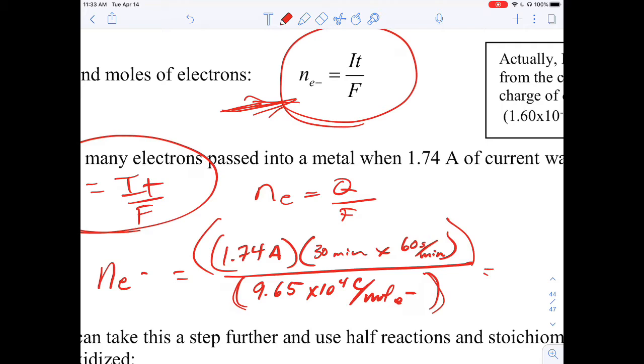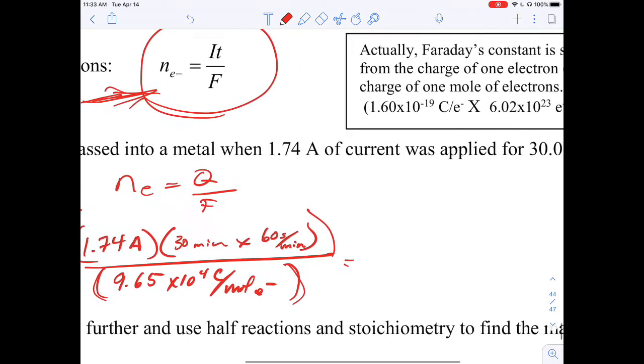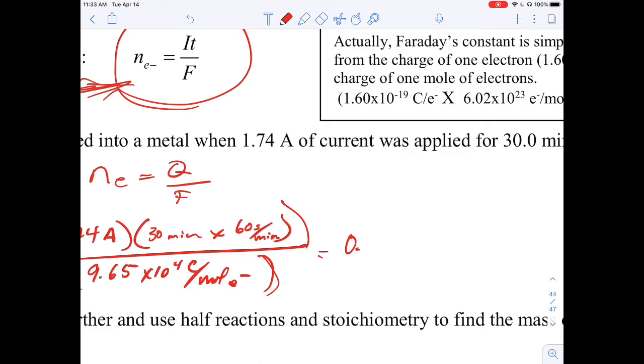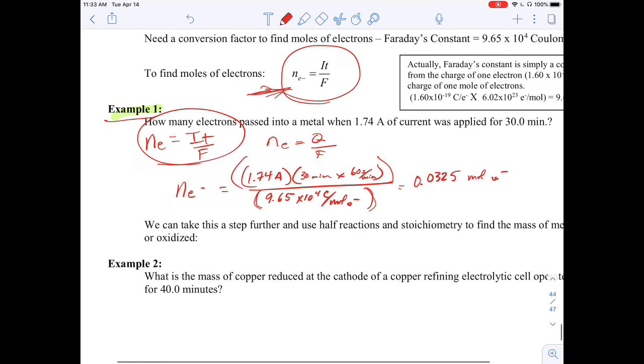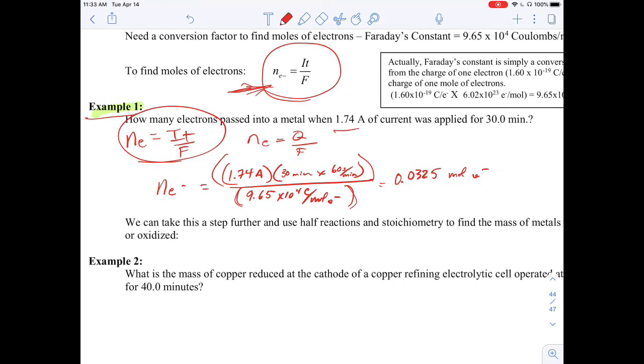So I'm going to take my 1.74 times 30 minutes times 60 seconds per minute, and then divide it by Faraday's constant here, and what I end up getting is 0.0325 mole of electrons are transferred. And so the number of moles of electrons transferred by 1.74 amps in 30 minutes is this value.